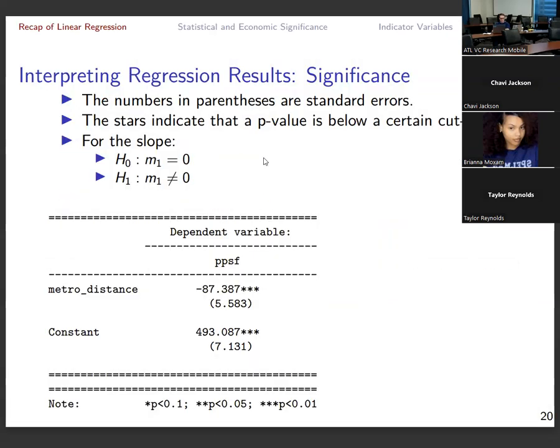So in this particular case, Taylor, can you, in words, looking at this result here for the coefficient on metro distance, tell me what that means about this null hypothesis? That we will reject. It's significant, so we will reject the null hypothesis.